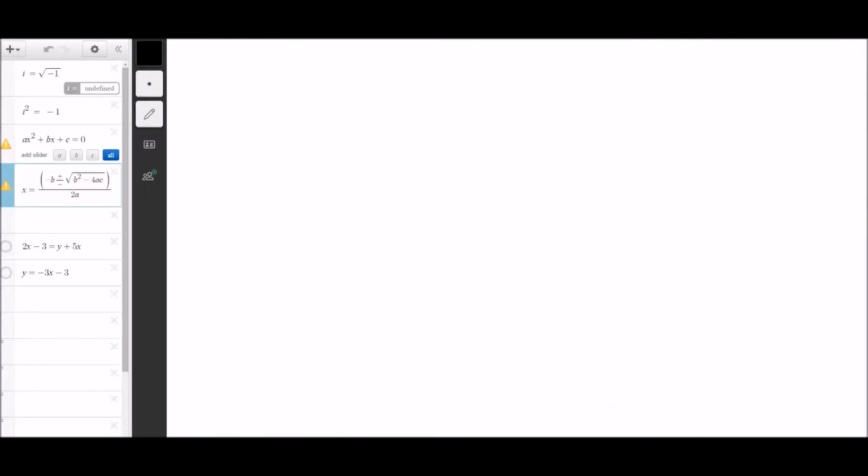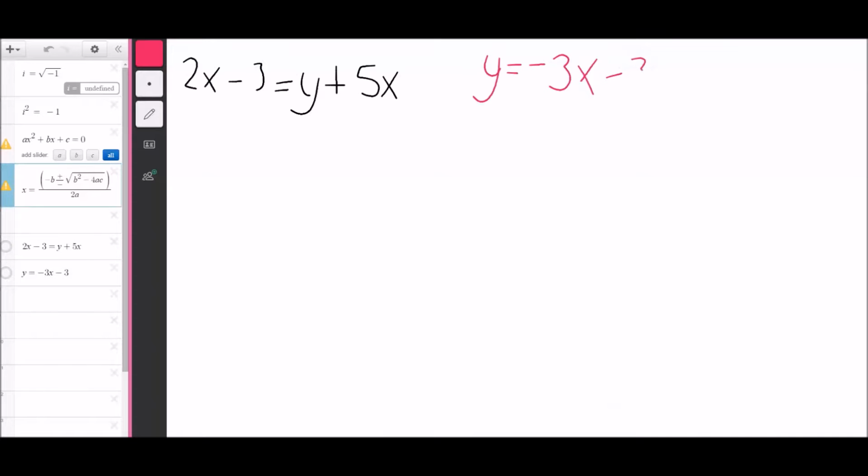Okay, if you have a problem like 2x minus 3 equals y plus 5x, and they give you y equals -3x minus 3, you're going to plug in for y and then rewrite it to have a better understanding.